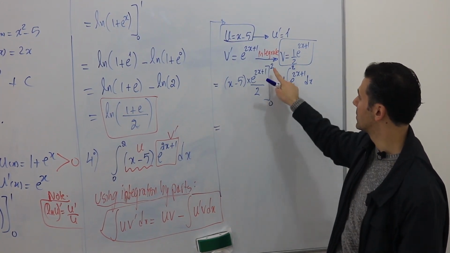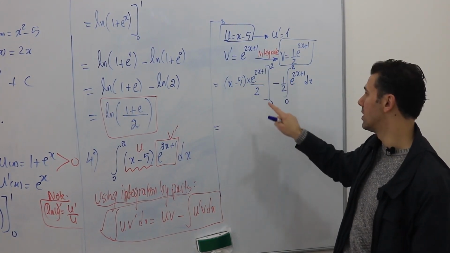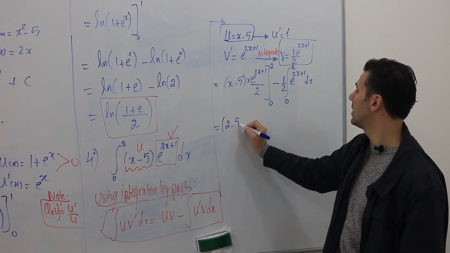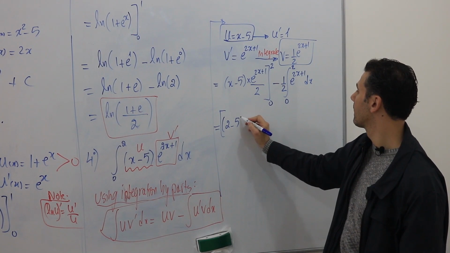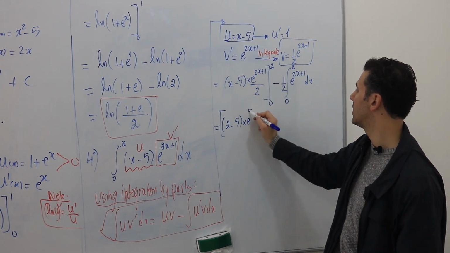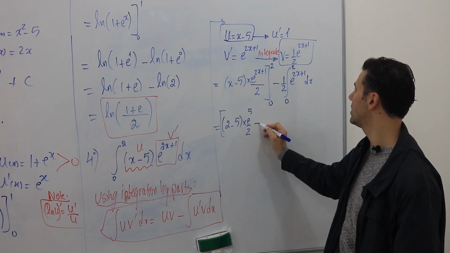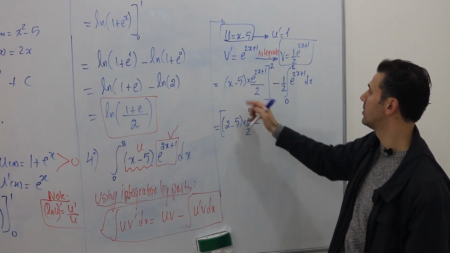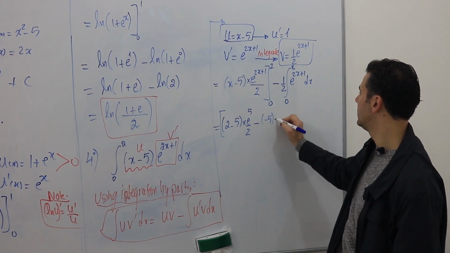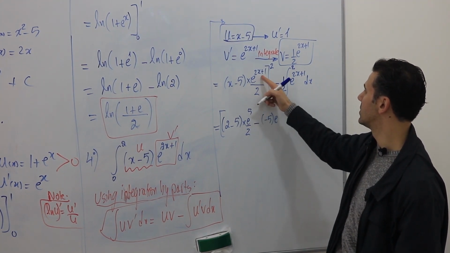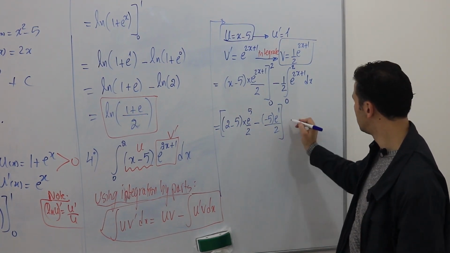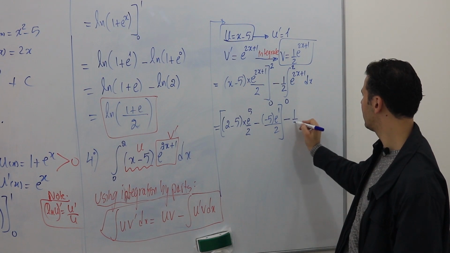We can calculate this easily. First we substitute 2, as you know, then we substitute 0. It will be 2 minus 5 times e to the 2 times 2, 4, plus 1, e to the 5, over 2, minus, substituting 0 here, you get minus 5 e to 1 over 2, minus half.